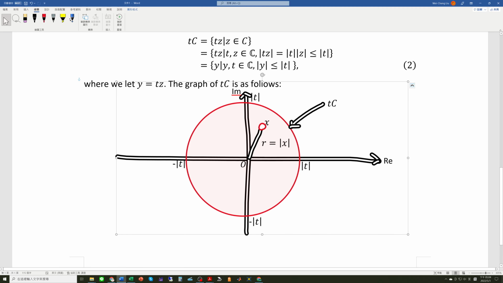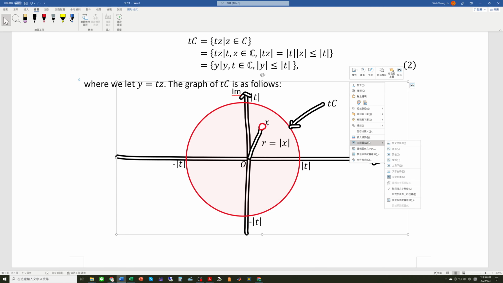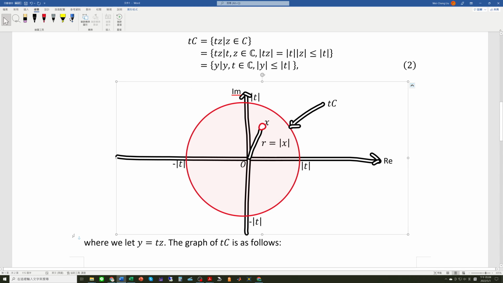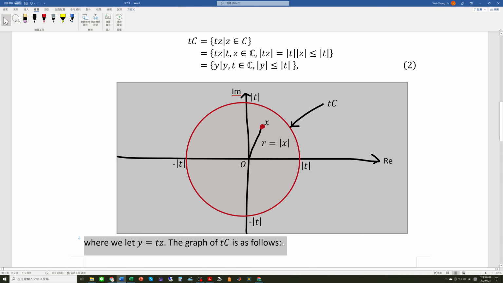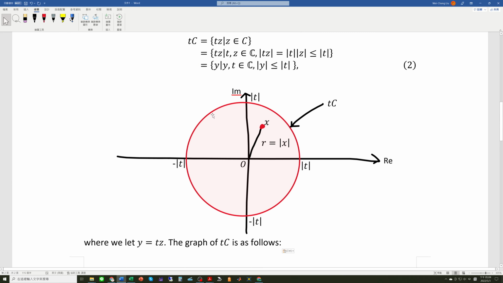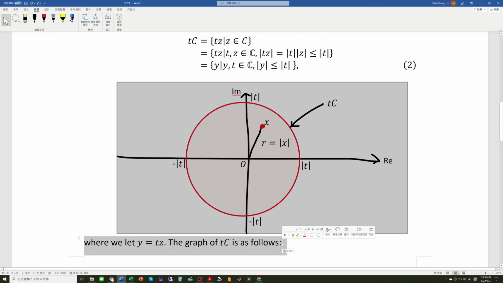Like this, good. And I need to set the text wrapping, good. And I need to move this sentence here.